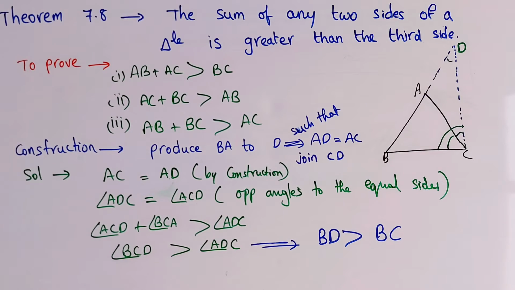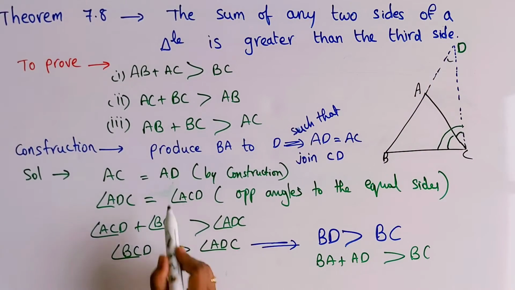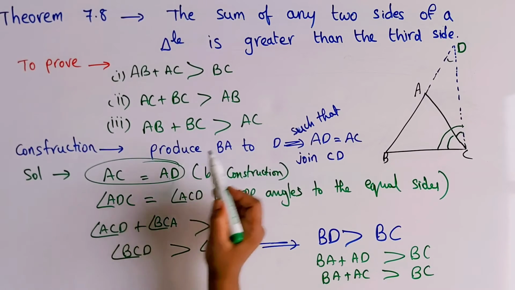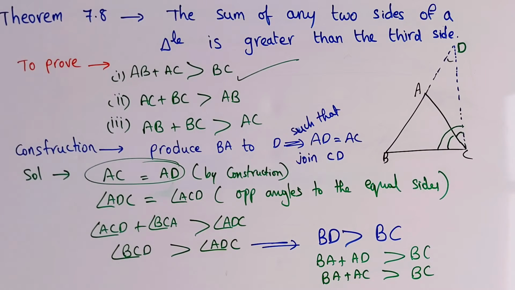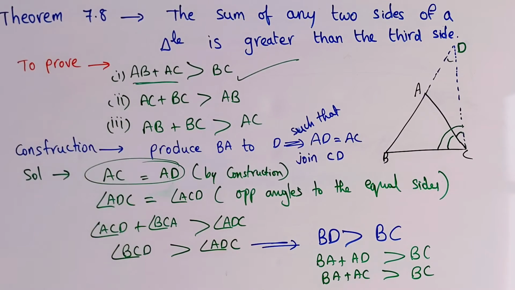From this statement, children, BD is nothing but BA plus AD, that is greater than BC. BA plus AD is BD, right children? But what is AD here? That is AC. That means BA plus AC is greater than BC. The first one is proved. BA plus AC is greater than BC. That's AB plus AC is greater than BC, children.